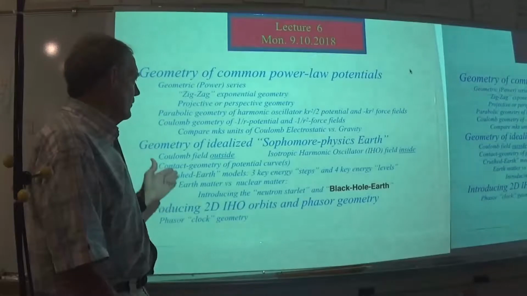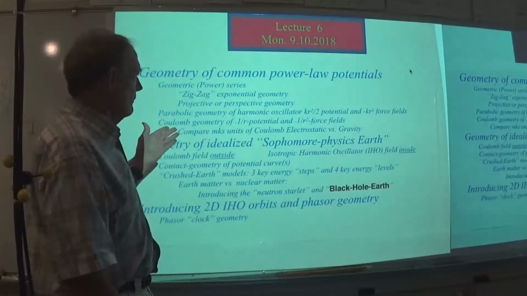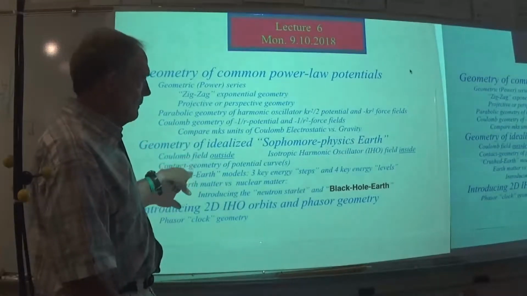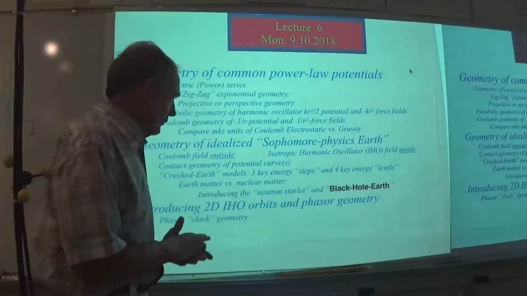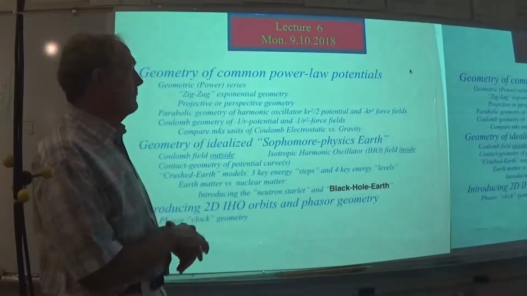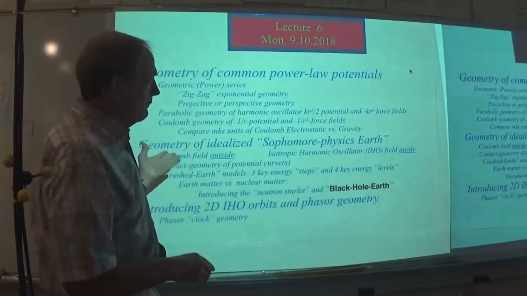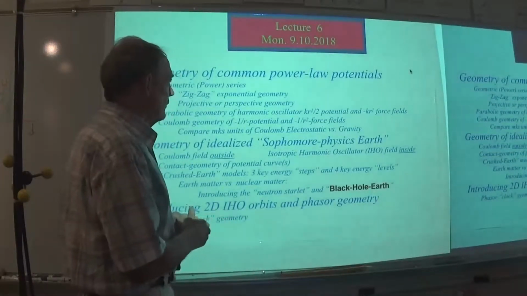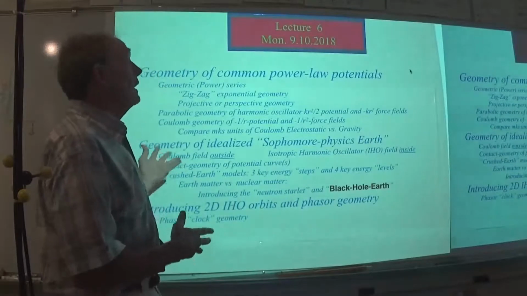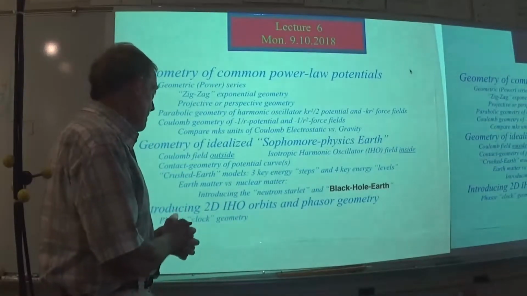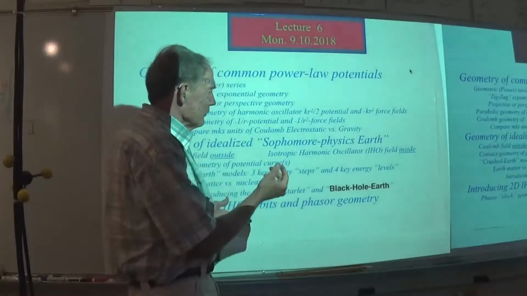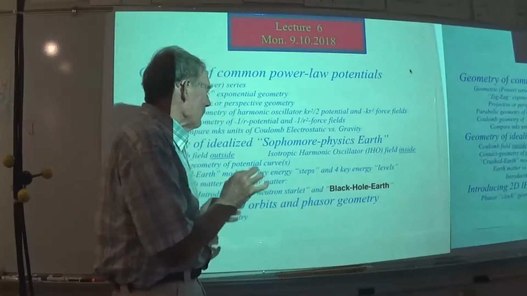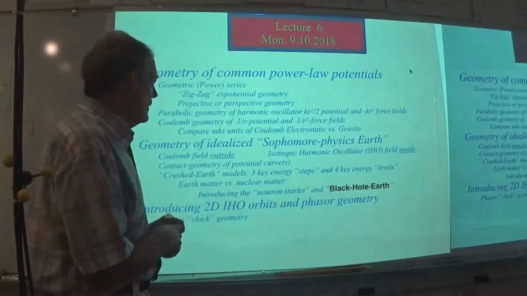The other thing I want to do is not just the geometry, but I would really like you to get a feeling for the magnitudes of things, particularly the magnitude of the Coulomb field, that's an electrostatic field, compared to that of the gravity. And I'd like to get little models of how big things are.